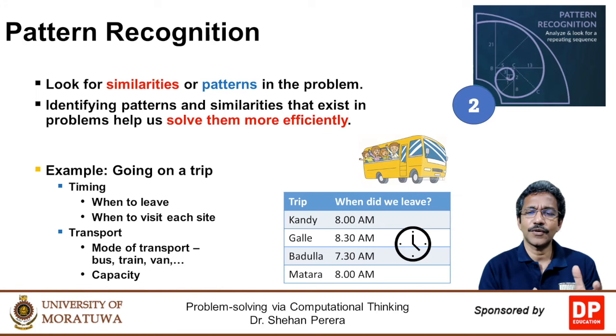If we have gone for other trips like Kandy or Matara or some of the other cities in Sri Lanka, what time did we leave? We can look at those time periods and maybe decide and say, okay, 8 a.m. is a good time to leave for this trip by looking at the pattern of what we have done earlier.